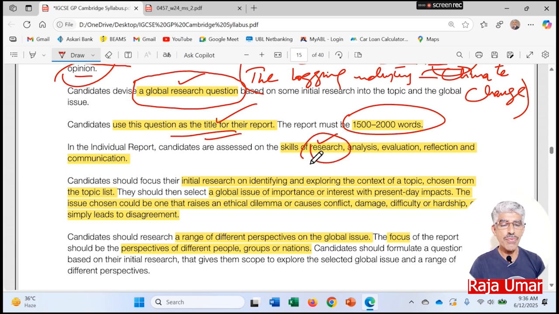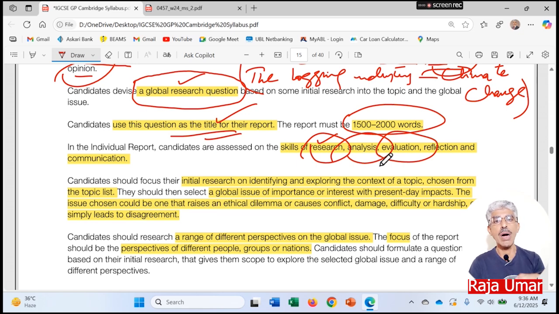That is the skill of research, number one. Then how do you analyze different perspectives, whether what the people think, what the states and the countries think, what the global organizations think, what your local authorities think. Then how do you evaluate out of all these perspectives?